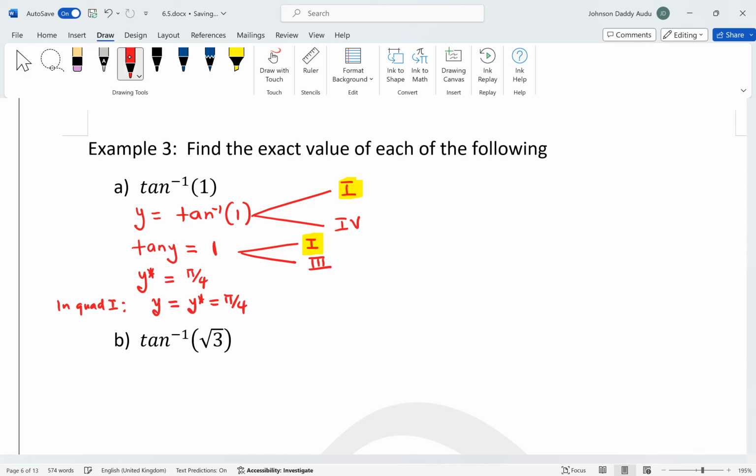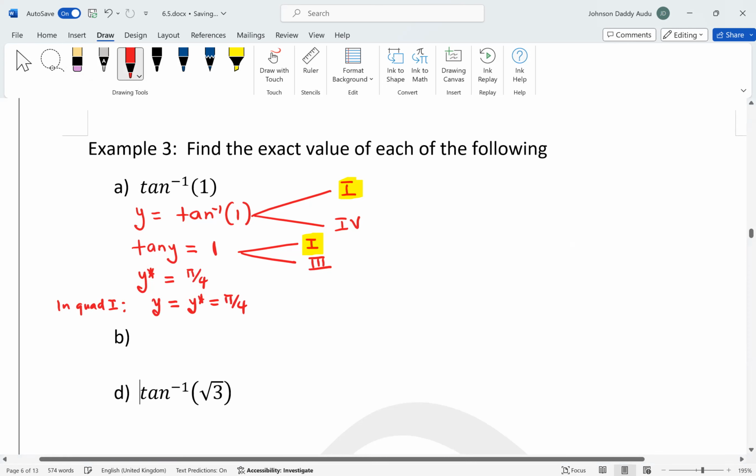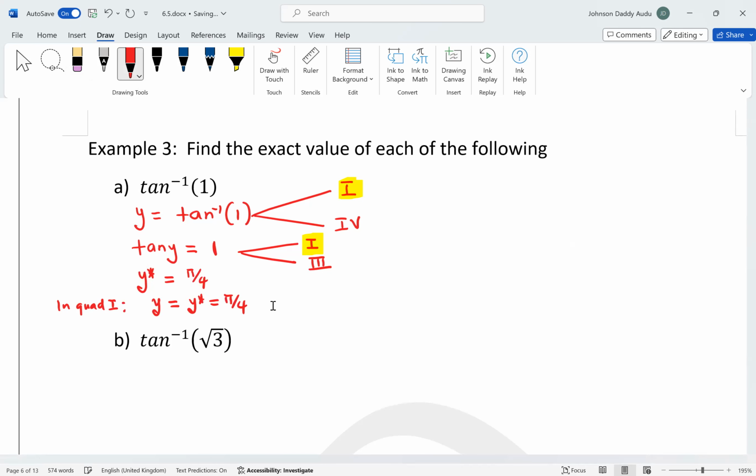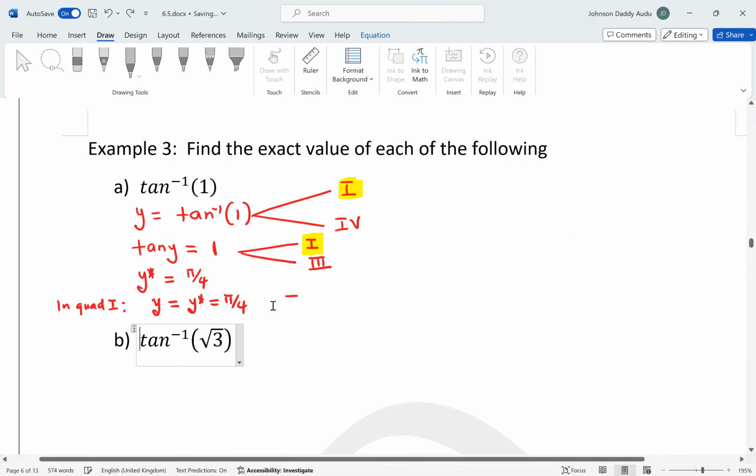So this simply means that our y is also the same.